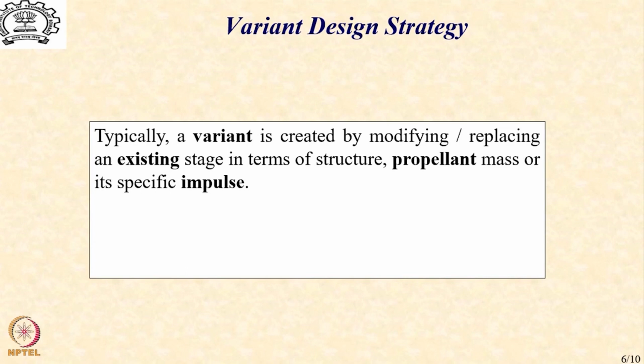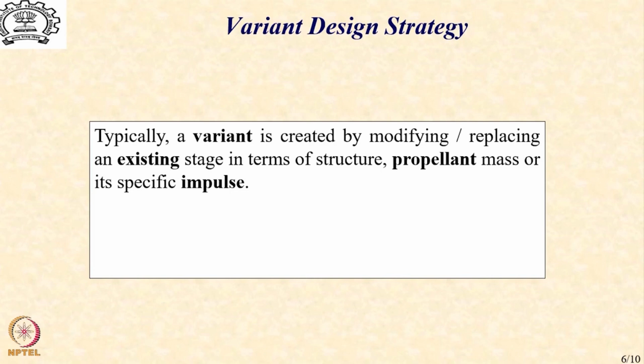So this brings us to some discussion on the design strategy. So how does one do this exercise, or how does it happen? Typically, a variant is created by modifying or replacing an existing stage in terms of either structure or propellant or its specific impulse.